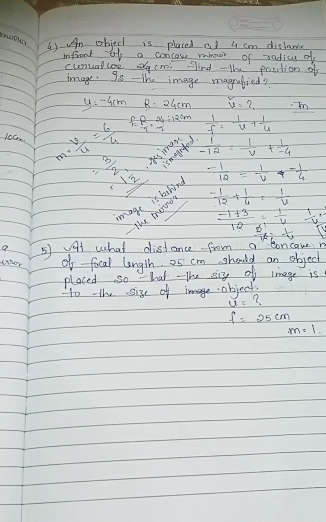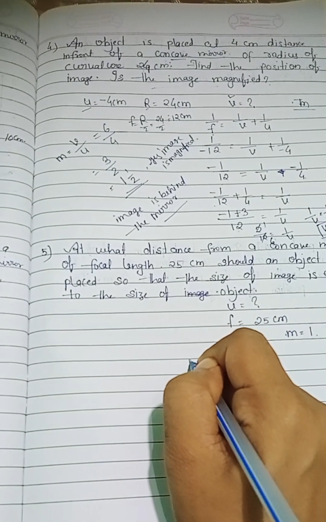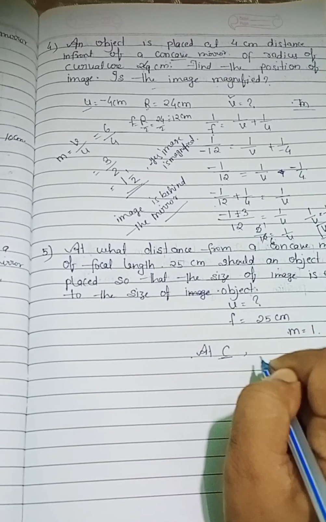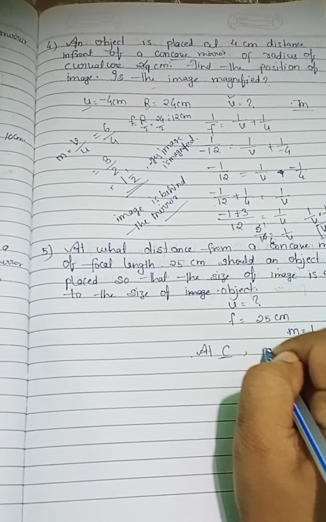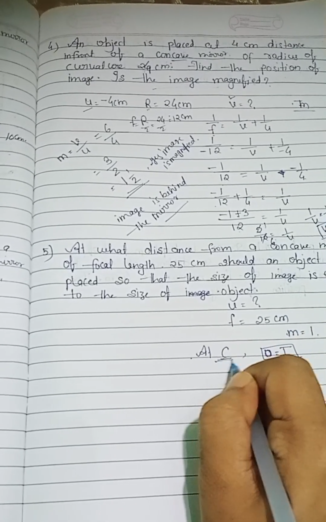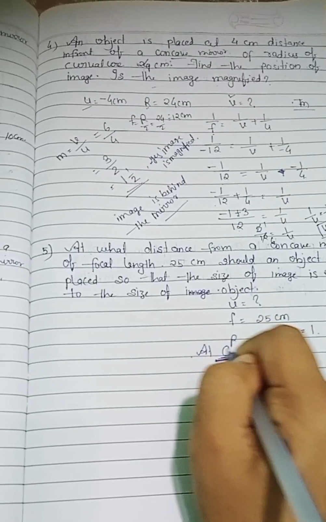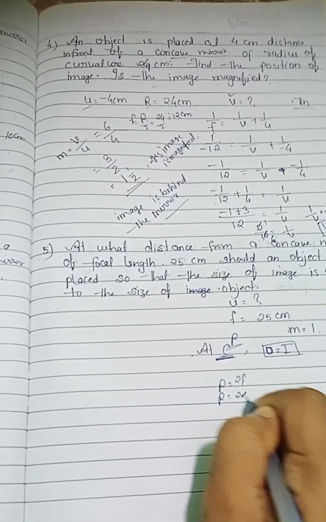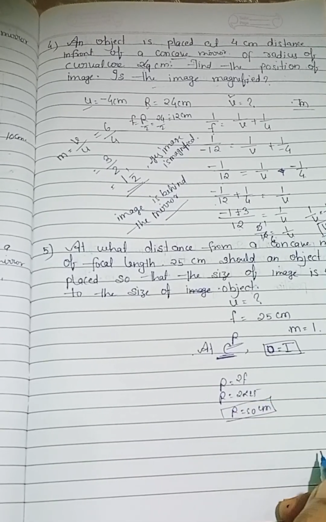In this question you need to remember one simple thing. What is that? That if the object is at center of curvature, then only the size of image is equal to size of object. So if the object is at center of curvature, so where it should be? At R. Okay, the R is equal to 2f, so R is equal to 2 into 25, so R is equal to 50 centimeters. So where you will put the object?